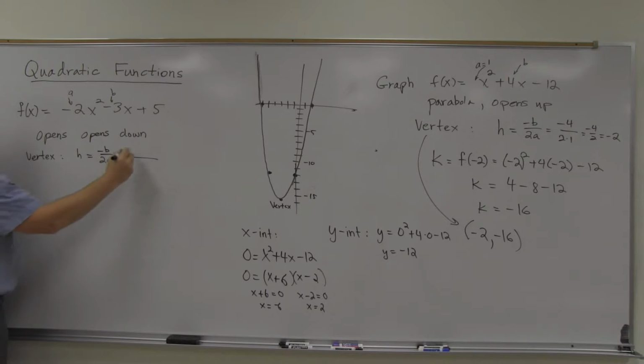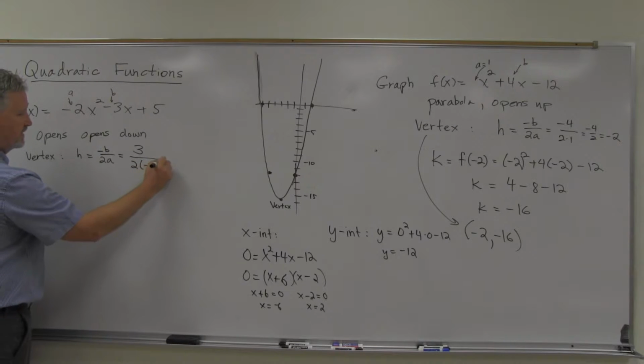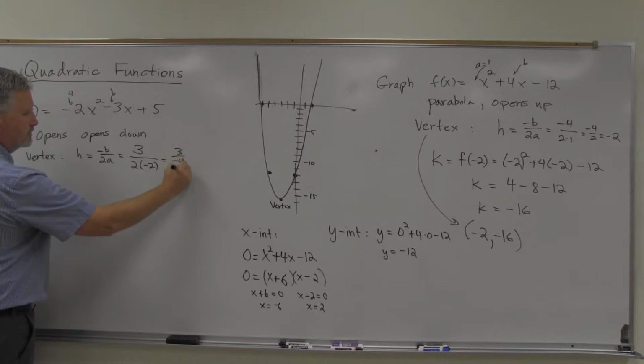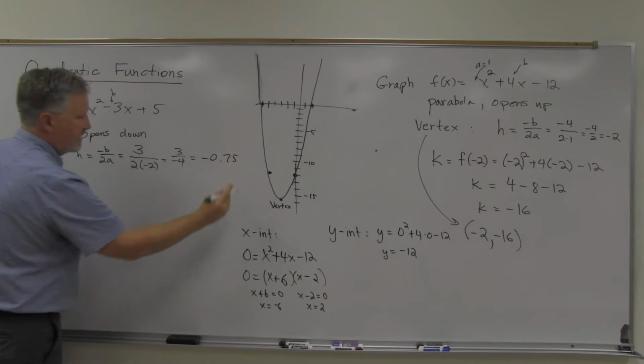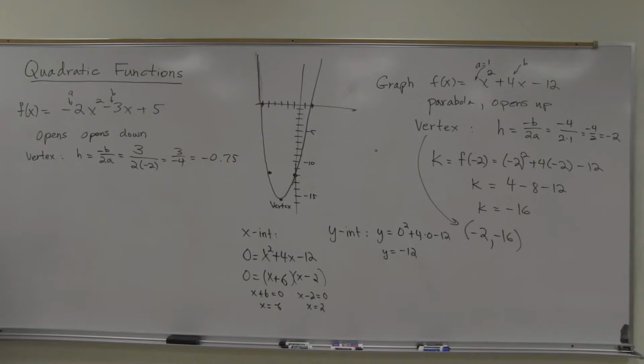You do the opposite of whatever B is. It's -3. And then over 2 times -2, so you got -3/4. Let's go with -0.75. It's probably a little easier to compute for most of us in decimal. So how do we get the K?